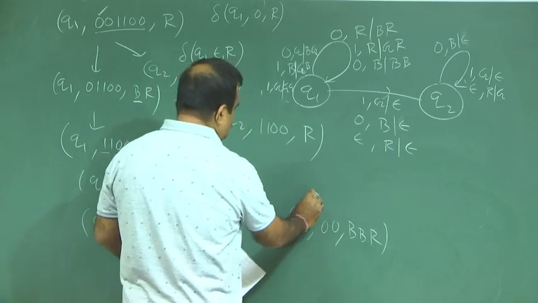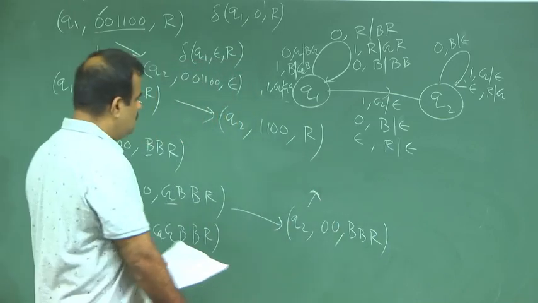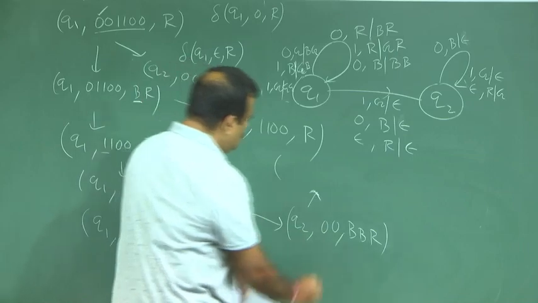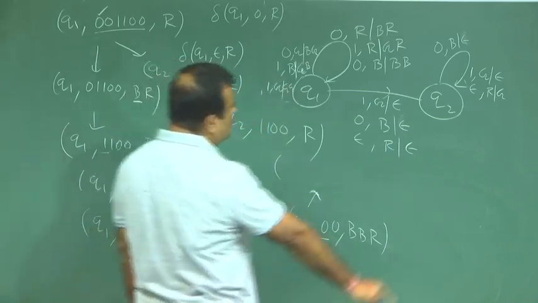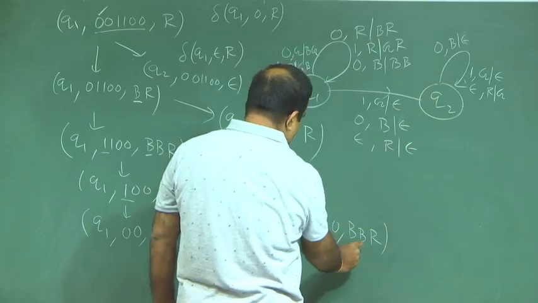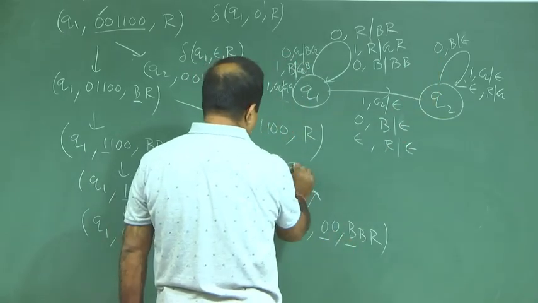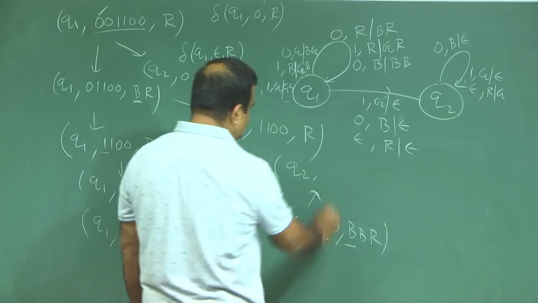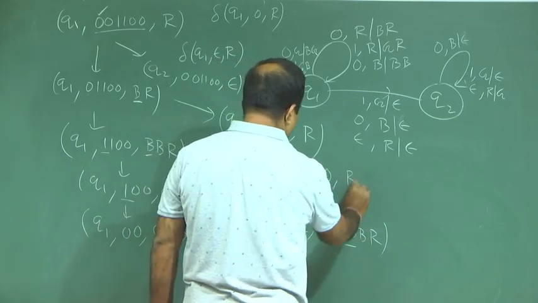So, this will go to where? This will go to now q 2, we will see a 0. So, q 2, if we see a 0, it will be with b. So, it will be q 2 and 0, b is erased, b r.